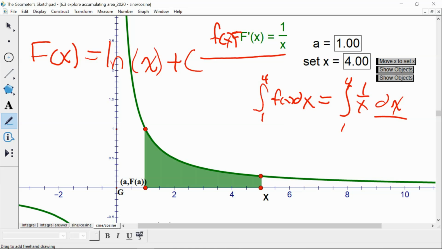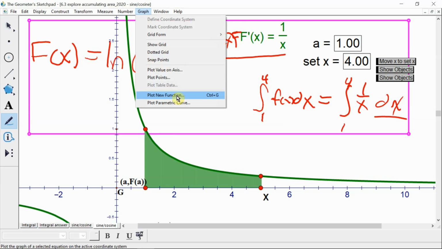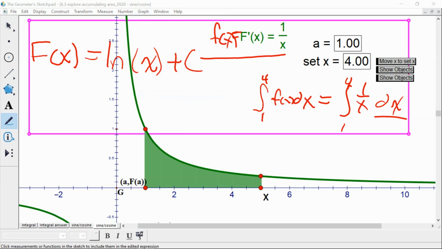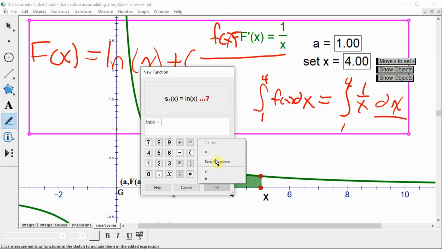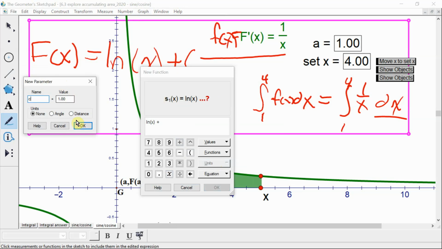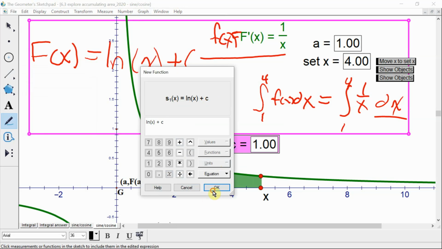And so if I go ahead and graph, I'm going to plot a function here. I'm going to graph the natural log of x plus some constant. I'll just call it c, and I'll set the value to 1, that's fine.